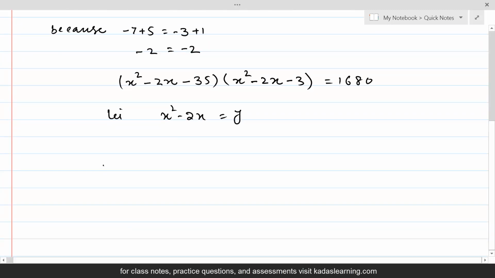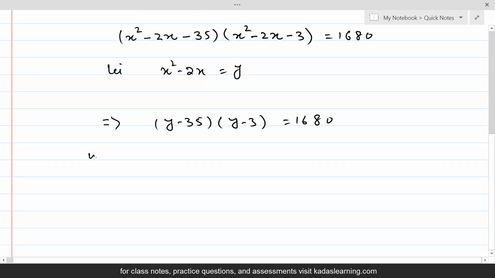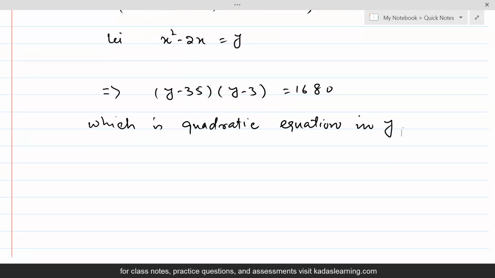This will give us (y - 35)(y - 3) = 1680, which is a quadratic equation in y. So now let's standardize it, and once we bring it into standard form, then we will use one of the methods we know to solve this quadratic equation.